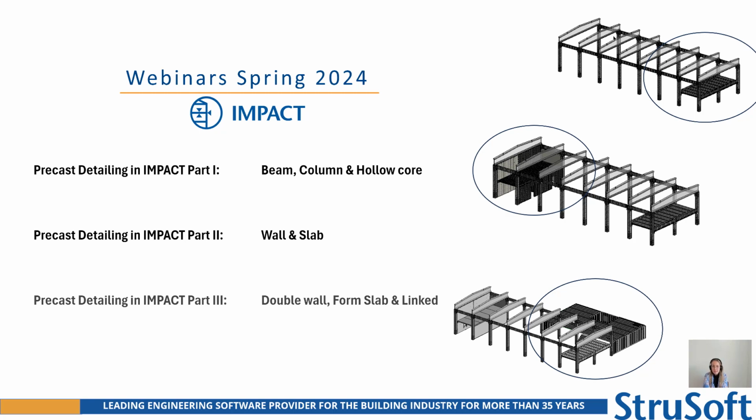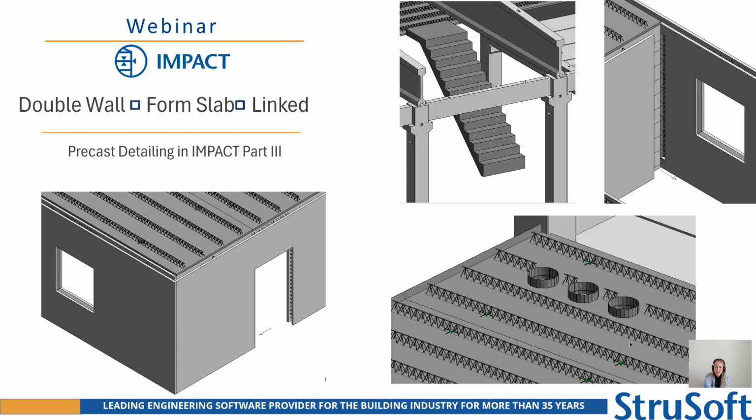So if you're interested in this type of elements, go and see the recordings. They are on our StruSoft YouTube channel. Now we're going to work on double wall, form slab, and linked elements, and we're going to do a structure on the sides of here in the building.